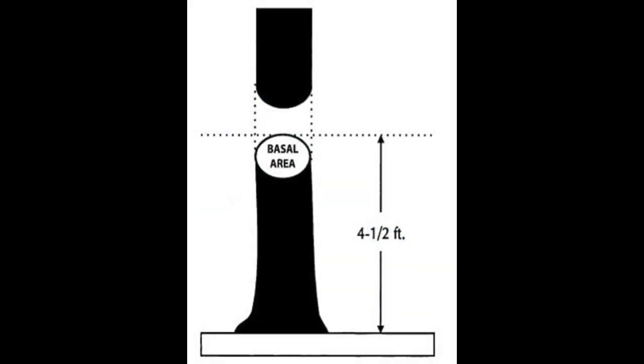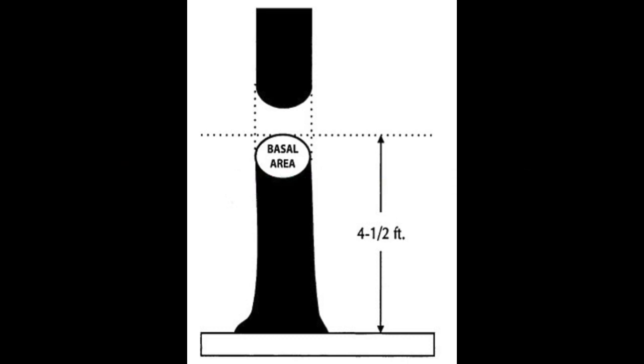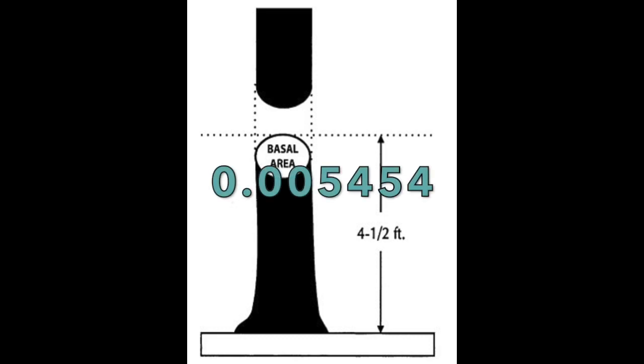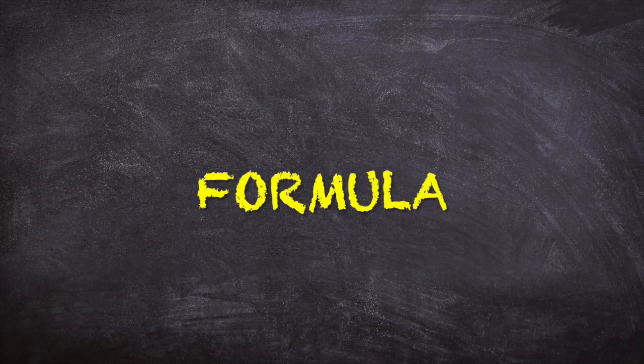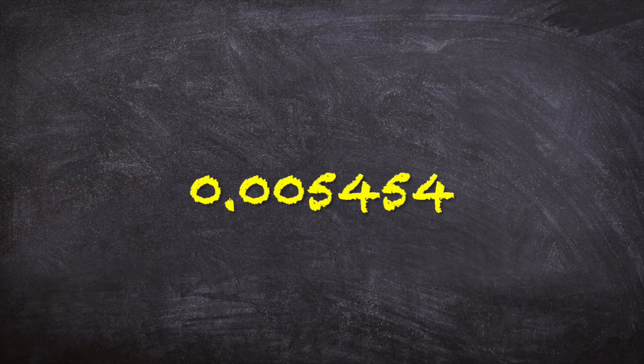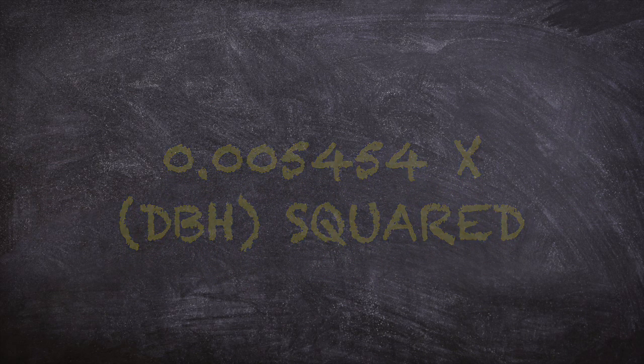The calculation for basal area is based on the diameter at breast height, DBH, and uses the Forester's constant of 0.005454 to convert inches into square feet. The formula is this: basal area per tree in square feet equals 0.005454 times the DBH squared.